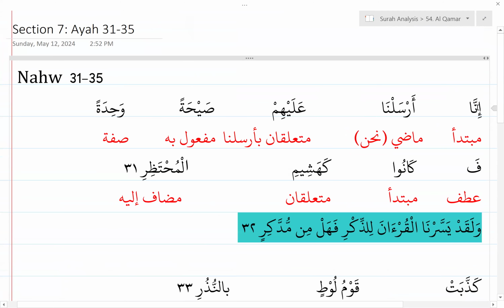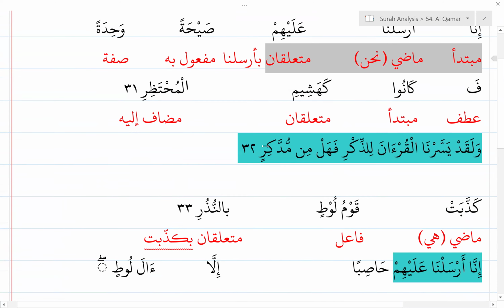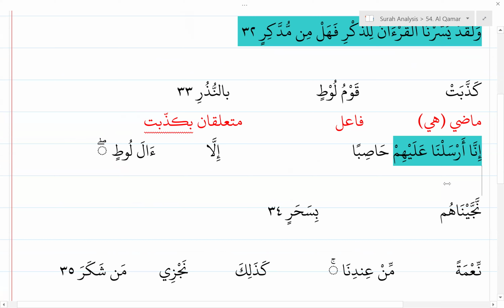إنا أرسلنا عليهم. I have highlighted it because it's pretty much what we did here. إنا أرسلنا عليهم. So I'm just going to copy this part and paste it here. And then, of course, we have حاصبا is what we are going to look at. It's also مفعول به. It's the same thing.